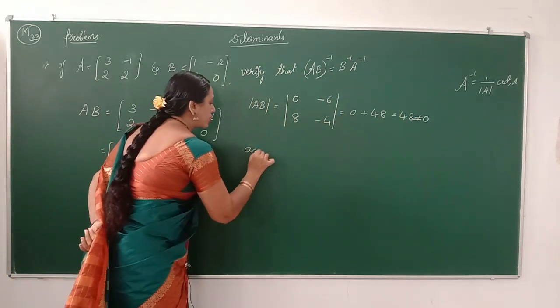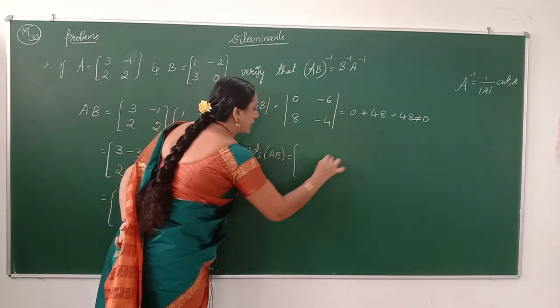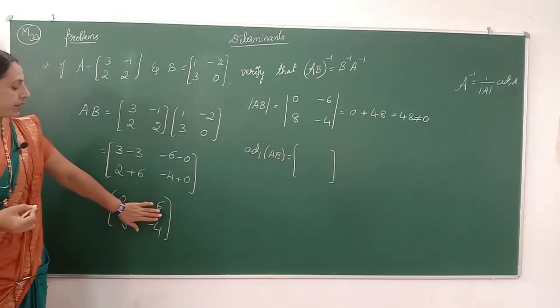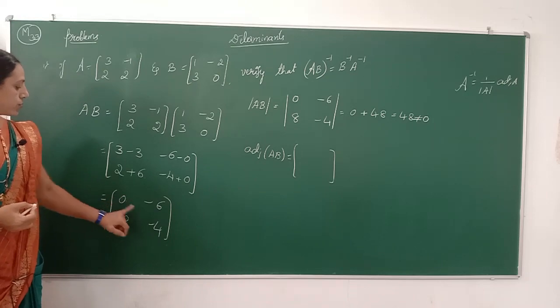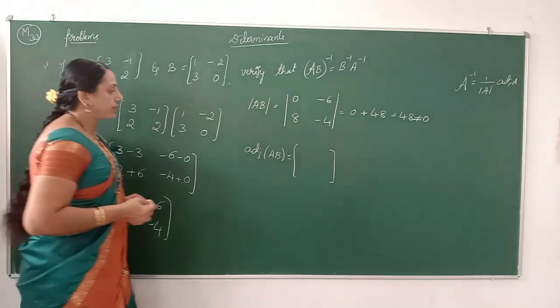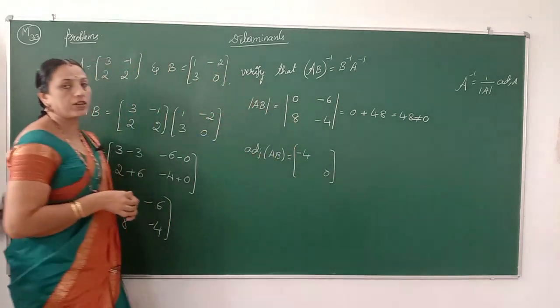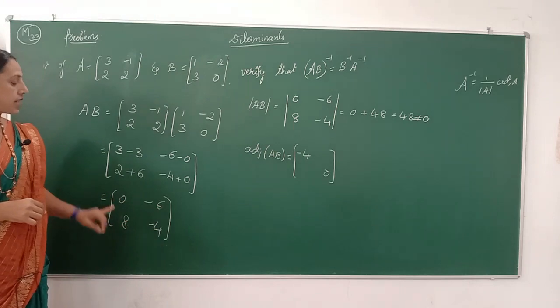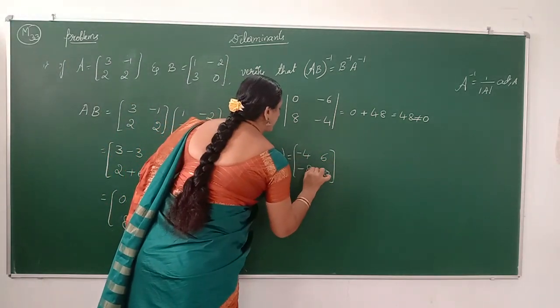Then adjoint of AB. By using a shortcut to find the adjoint of 2 cross 2 matrices, the elements of the left diagonal are interchanged and the right diagonal elements change their sign. So we get [-4, 6; -8, 0].